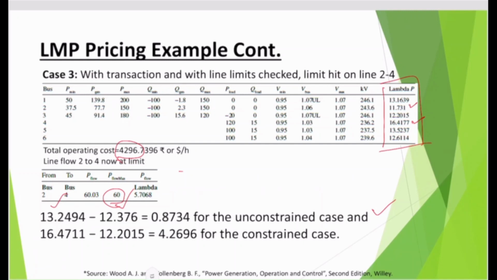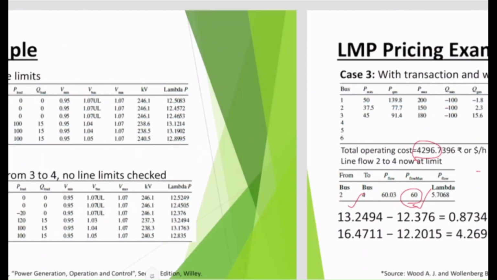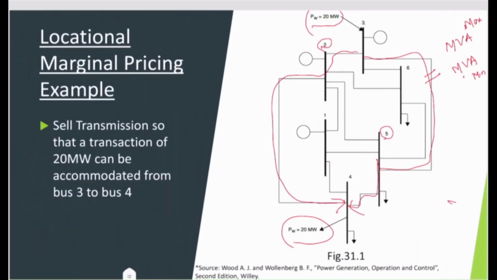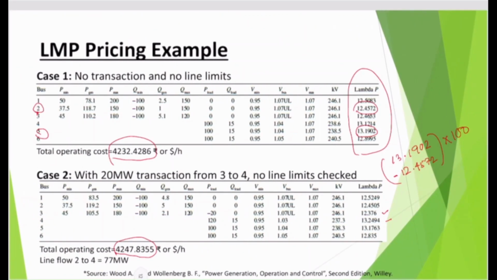Now, to calculate the transaction between bus number 3 and 4, I have to calculate my LMP at bus number 3 and LMP at bus number 4, and take the difference between these two.